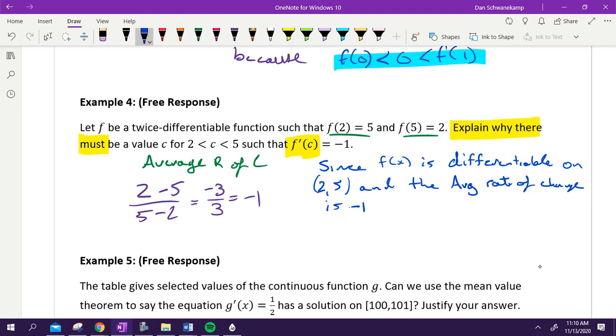And I have to show my work, otherwise I can't say that. Is negative 1 by MVT, and I'm just going to super cheat here, but they would let you do this. By MVT, that must be true.